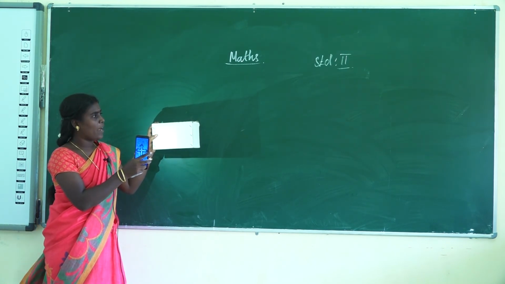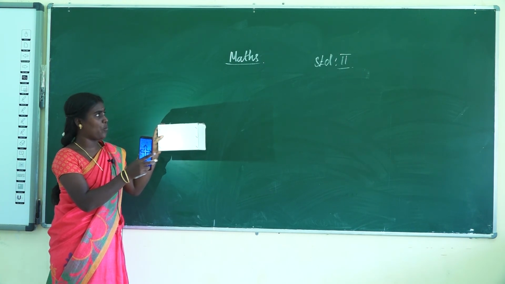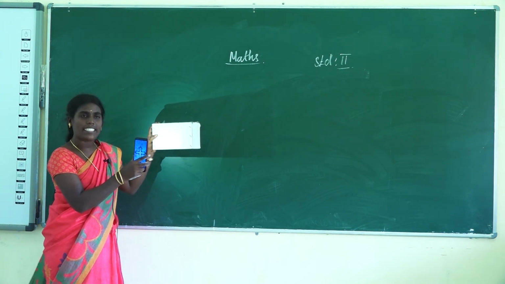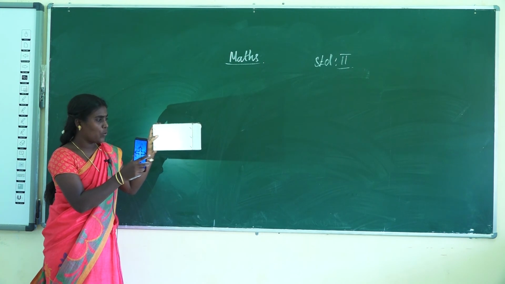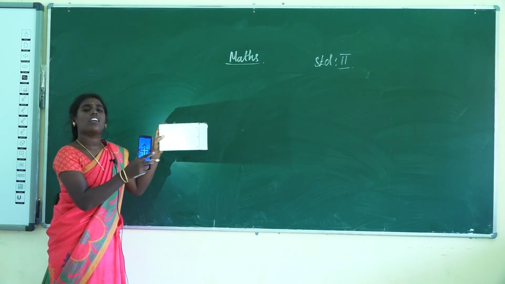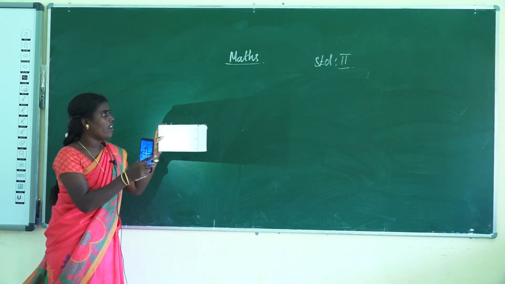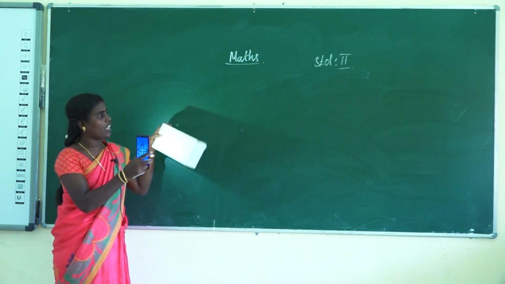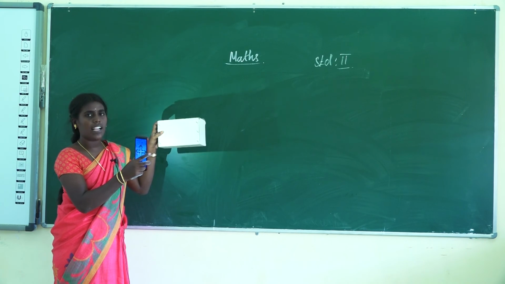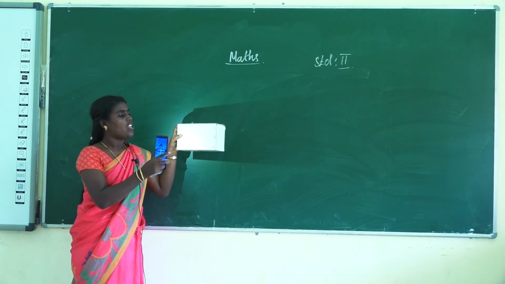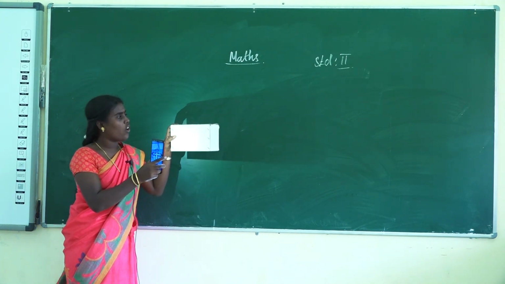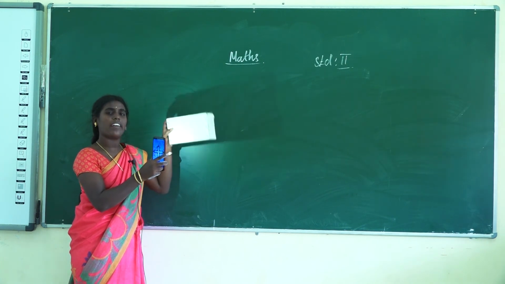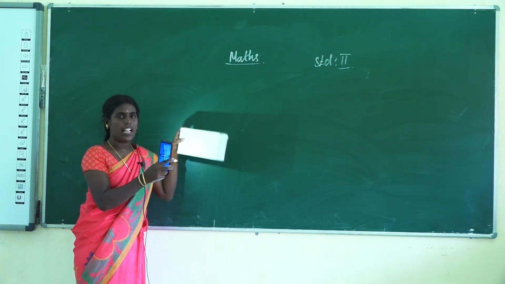The shape of the shadow of the cuboid is a rectangle. I shake the rectangle box. You see the rectangle? Yes. The shape of the shadow of the cuboid is rectangle.